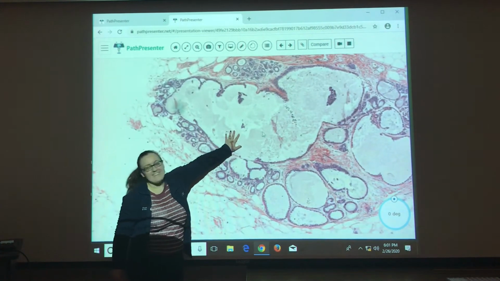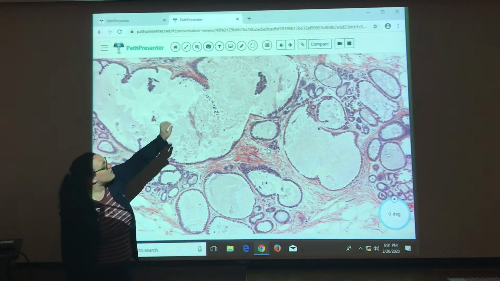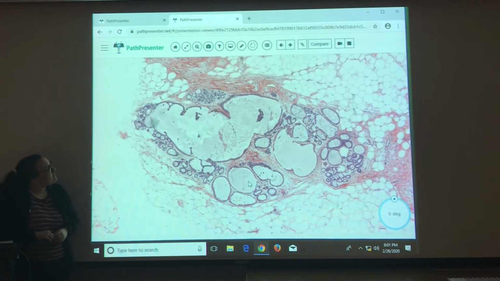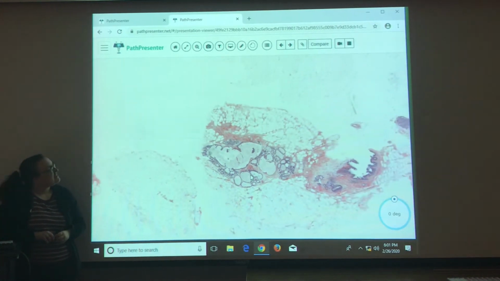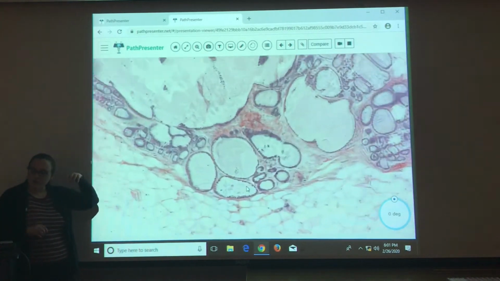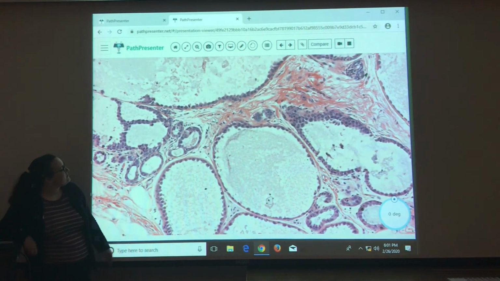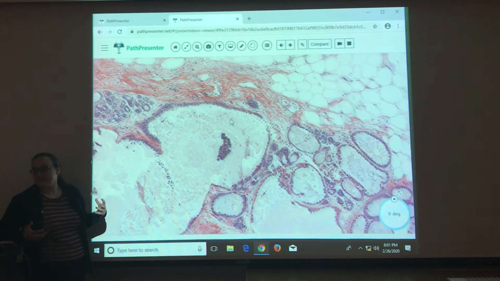Okay, yeah, I can see that one. And sometimes they have little micropapillary or papillary projections. This one you can see is kind of oddly shaped, and you can see how it's kind of falling apart. So these are mucocele-like lesions. They're just a little different.